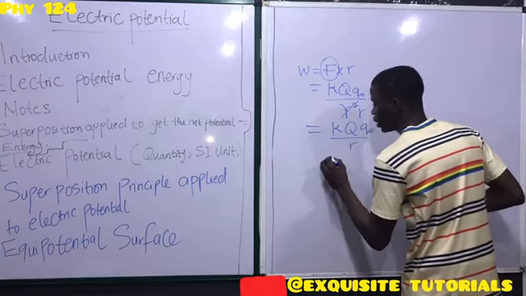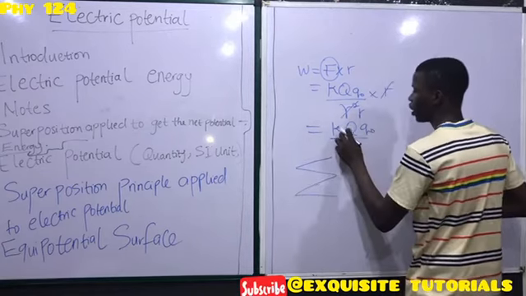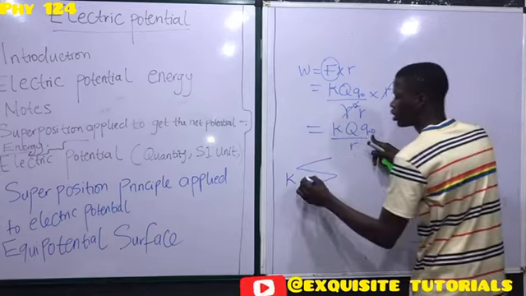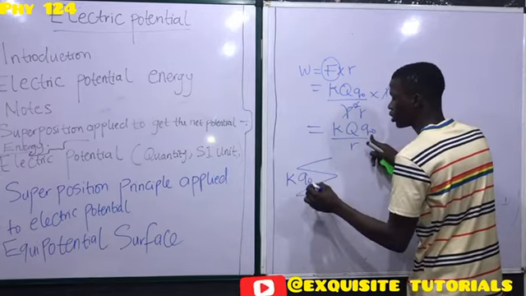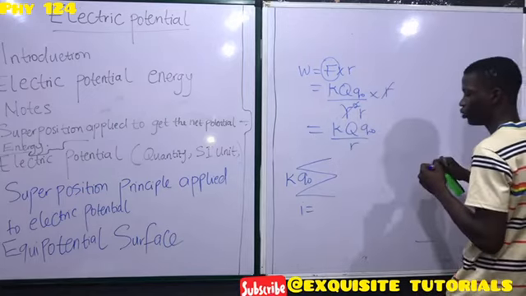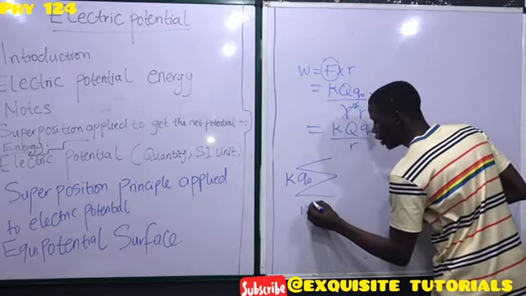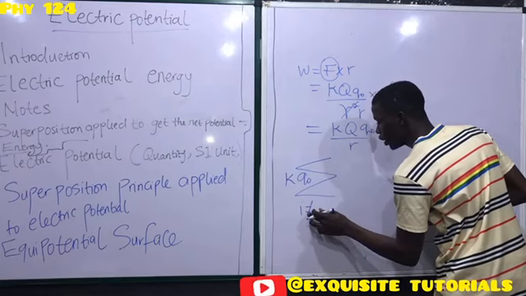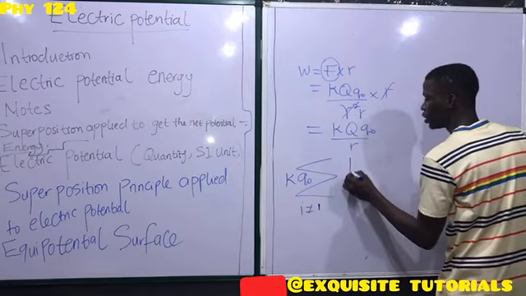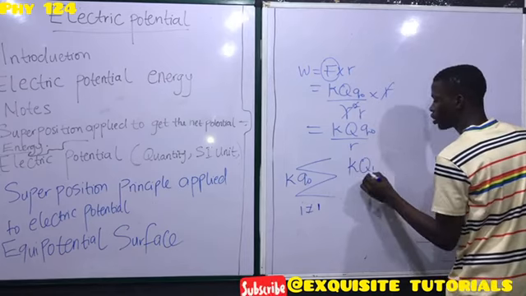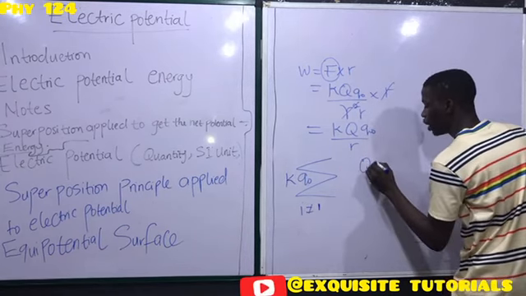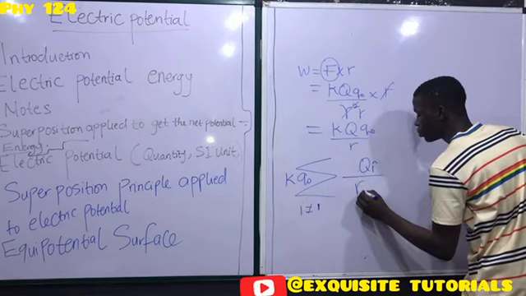You now say sigma, carrying this k outside because k is constant and this q0 is always constant, for i equal to 1, qi all over r raised to power n.